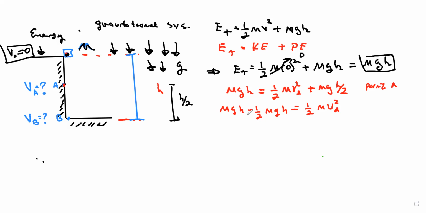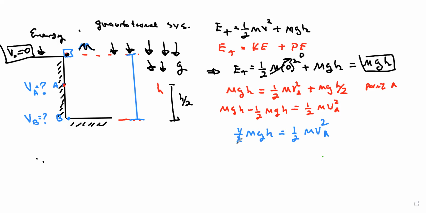Okay, so mgh minus 1/2 of mgh is going to give you positive 1/2 of mgh, which is equal to 1/2 of the mass velocity at point A squared.